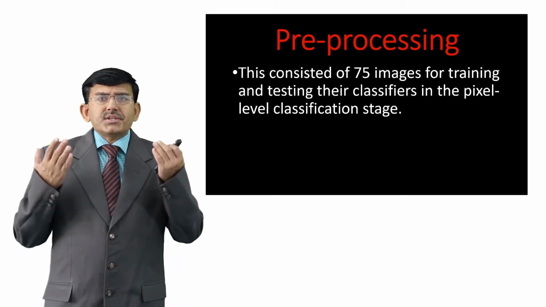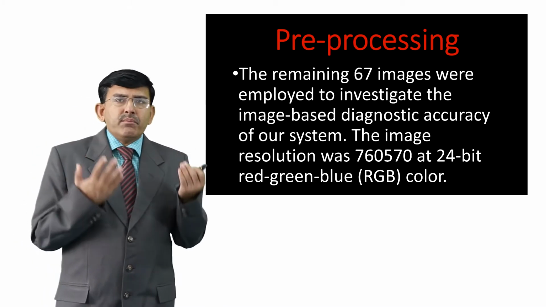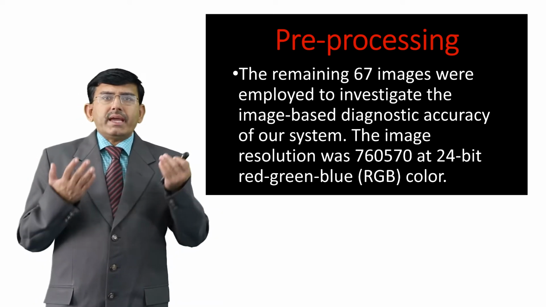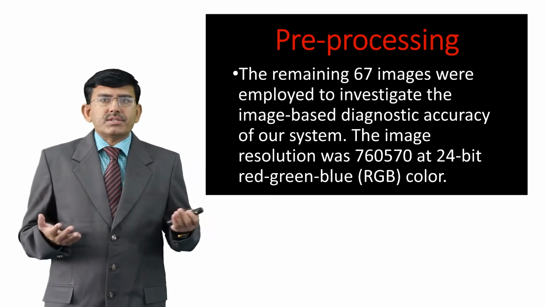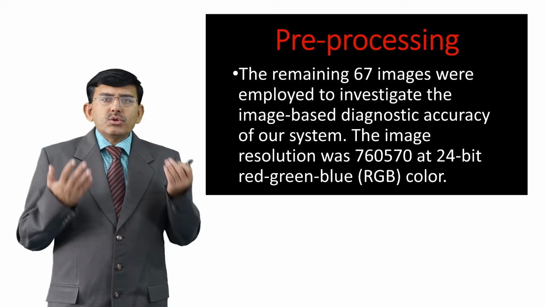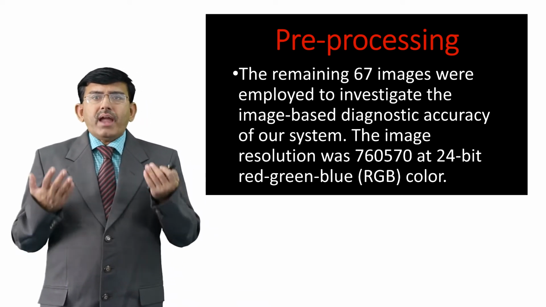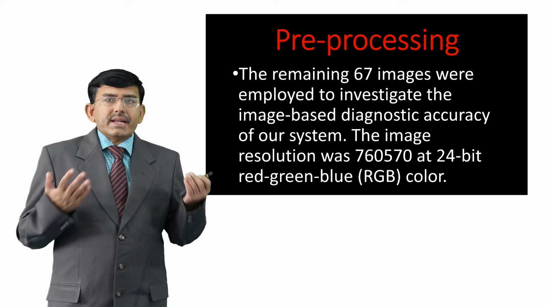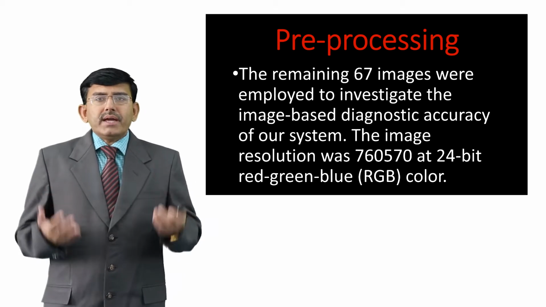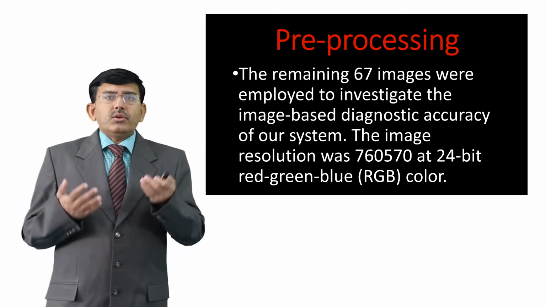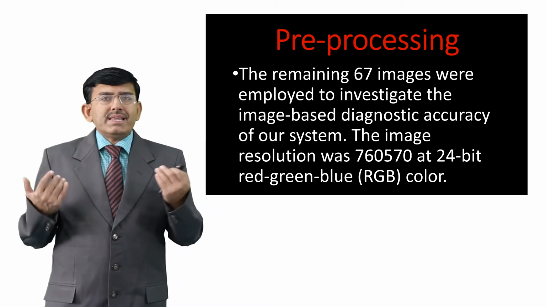The remaining 67 images were employed to investigate image-based diagnostic accuracy of our system. The image resolution was 760 by 570 at 24-bit red, green, blue, that is the RGB color model. Using that, they captured the images.